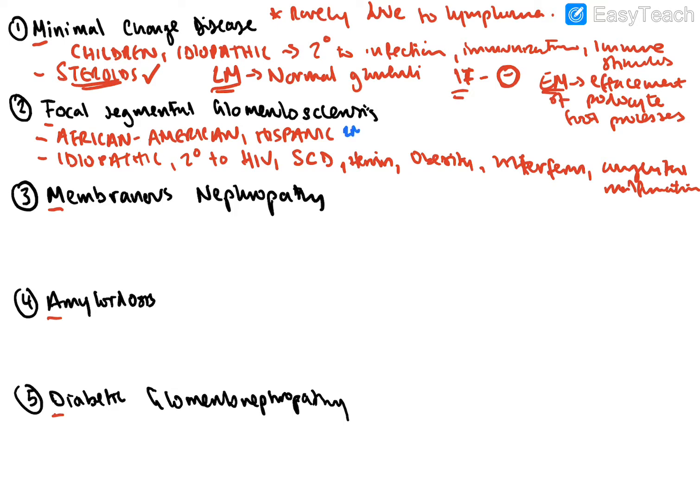On light microscopy, we will see segmental sclerosis, which makes sense. On immunofluorescence, it's often negative, but may have non-specific IgM, C3 or C1 deposits, which are complements.